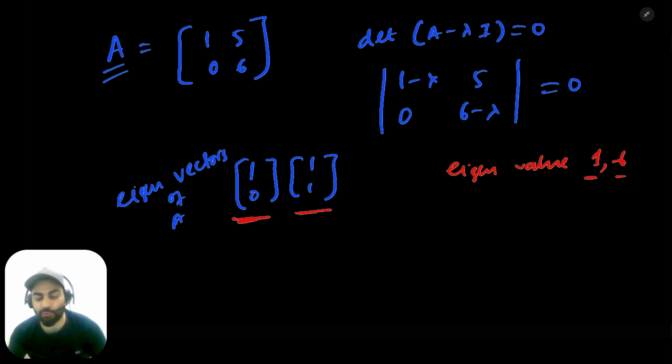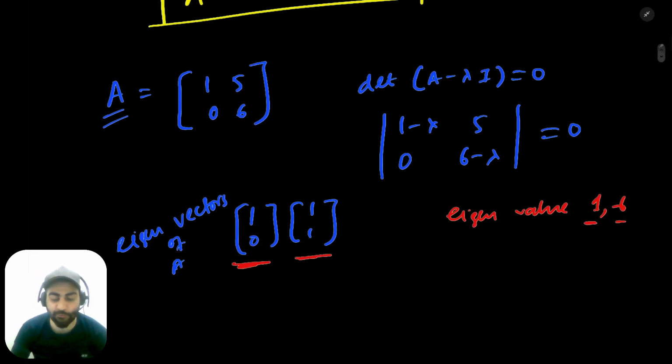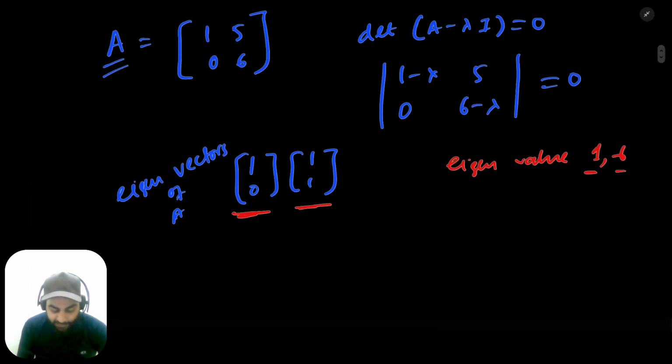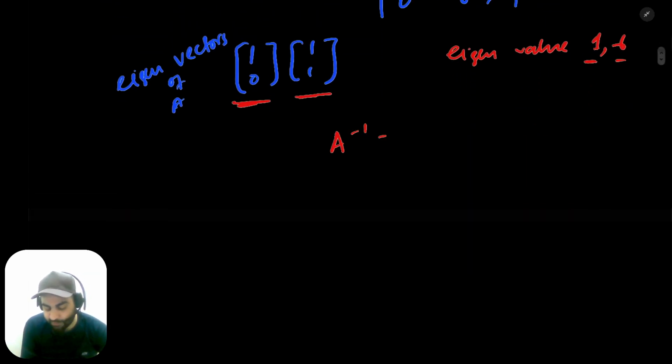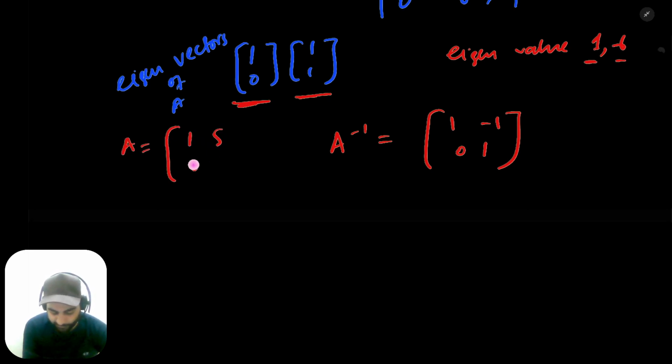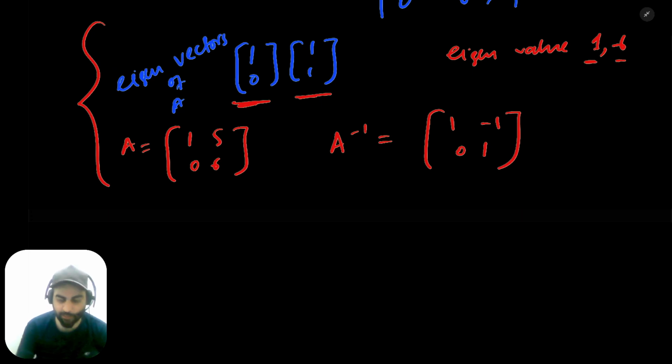Now, I showed you a generic proof, and for one example I'll show you that this follows. If you take the inverse, which is pre-computed for me, it is 1, minus 1, 0 and 1. This is the inverse, and A here is 1506. This is all the details that we require.